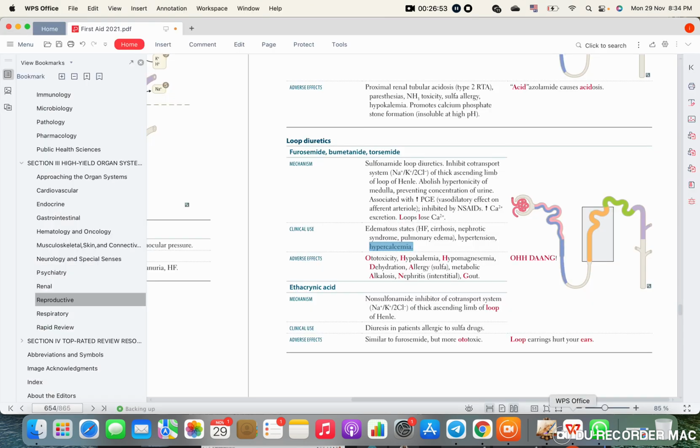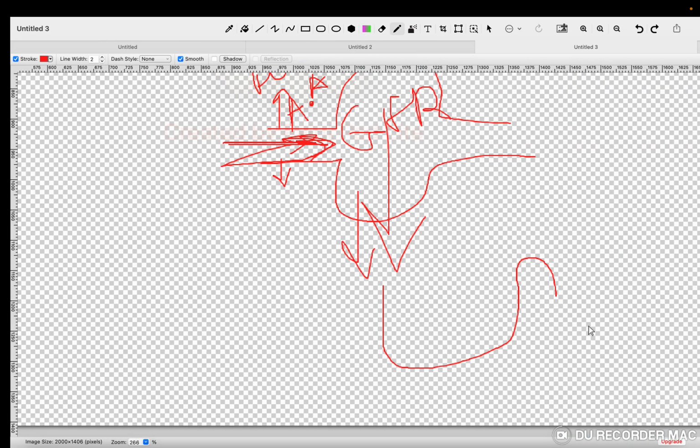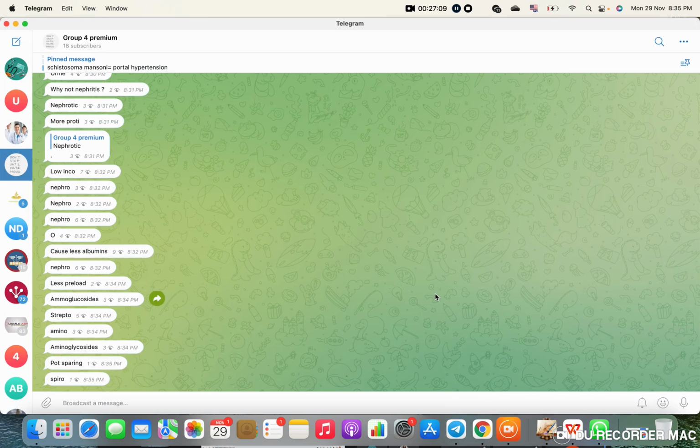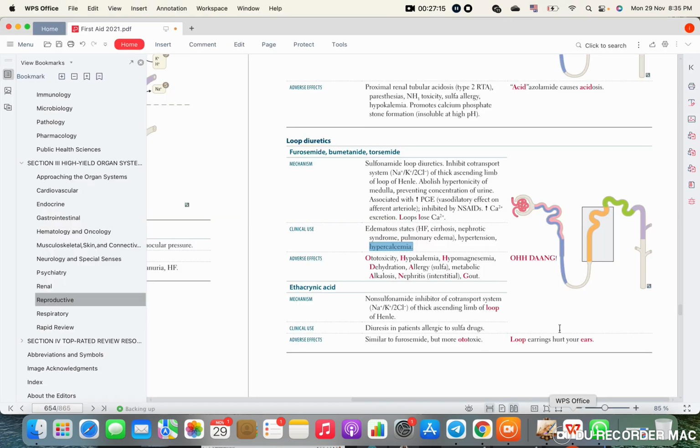So let's move back. Ototoxicity, hypokalemia as well. Well, let me give you this little trick. All diuretics lead to hypokalemia except one. Do you know which one? Which diuretic does not lead to hypokalemia? The potassium sparing diuretic. It makes sense, they are potassium sparing. They do not lead to hypokalemia.